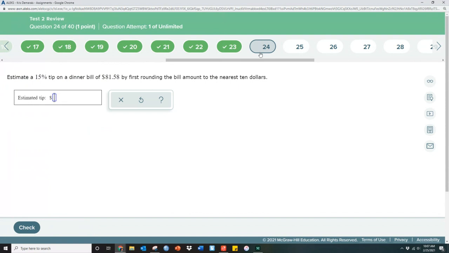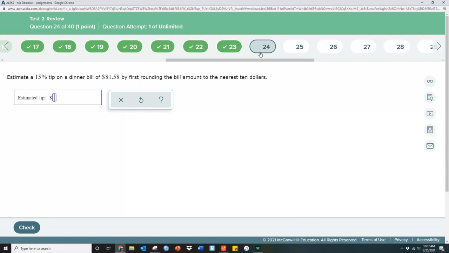Now, I know some of you are going to use a calculator on this one, but here is how you do it mentally. You round off to the nearest $10, so it's going to be $80. You split the 15% into 2 parts, 10% and 5%. That makes 15% total. You take 10% of $80, which is $8, because that's really easy.